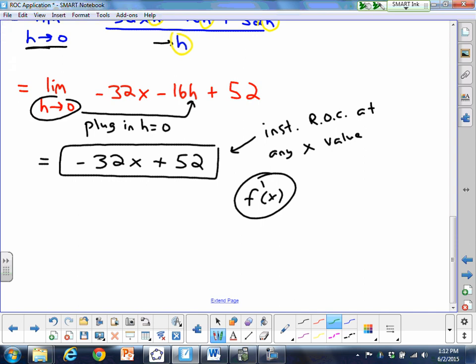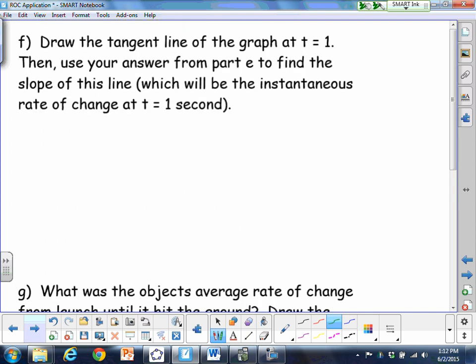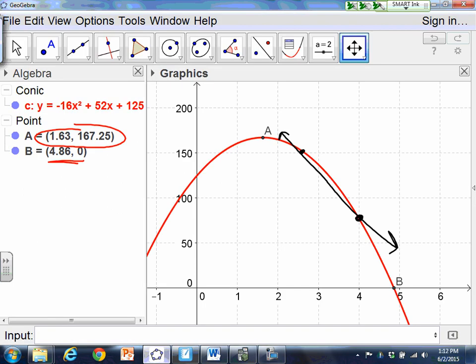So the next question was, first we want to draw the tangent line at t equals 1, and then use our answer from part E to find the slope. So at t equals 1, if we look at the graph, t equals 1 is about here, and a tangent line there would just barely graze it like this.